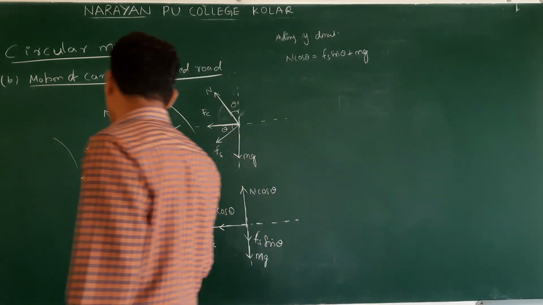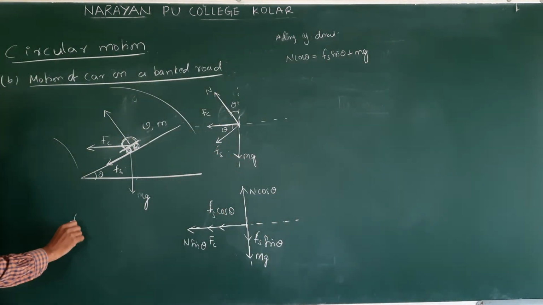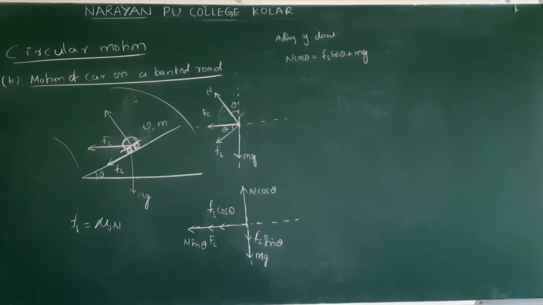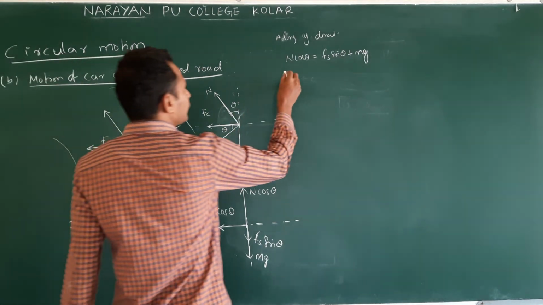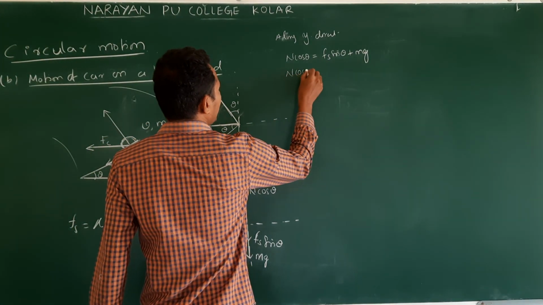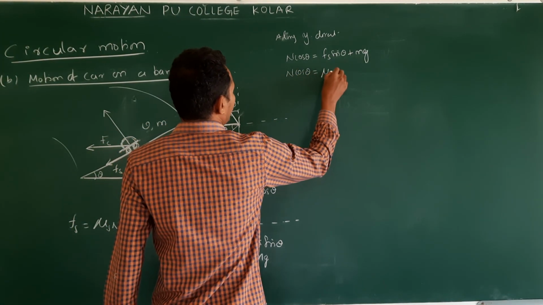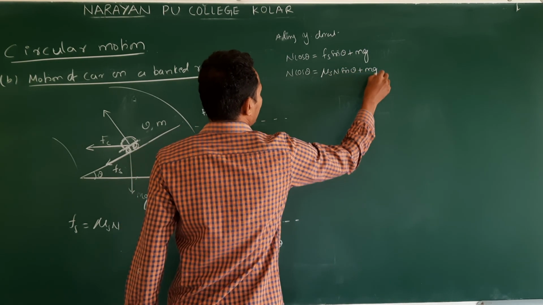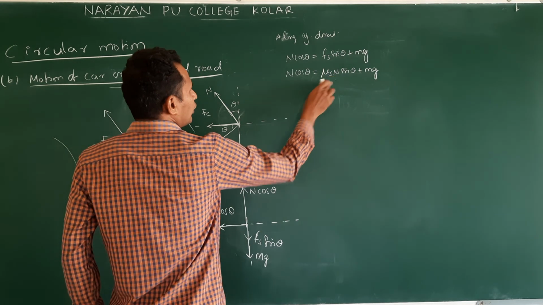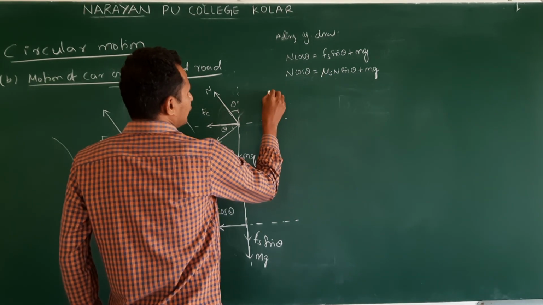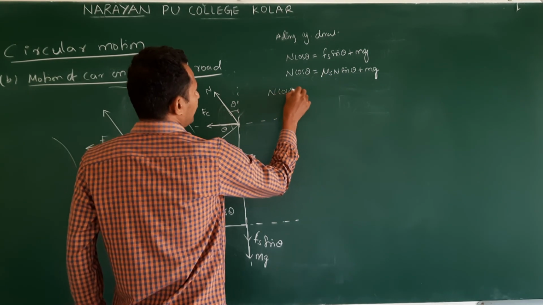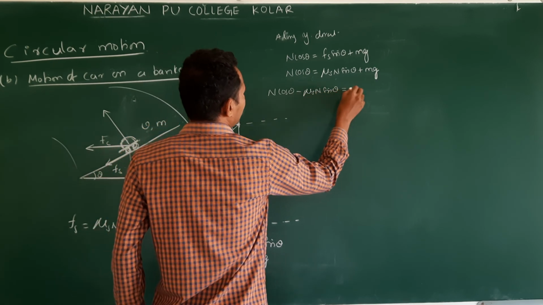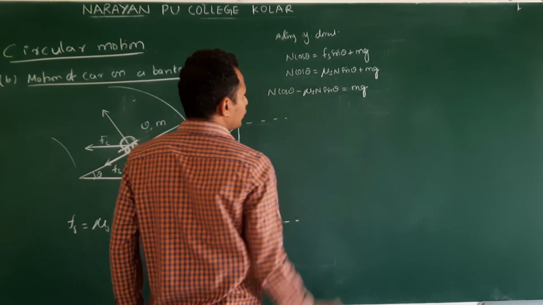What is our Fs formula? Maximum static friction formula. Fs is equal to mu s into N. Am I correct or not? So this will become N cos theta equals mu s N sin theta plus mg. Now this comes to this side: N cos theta minus mu s N sin theta is equal to mg.